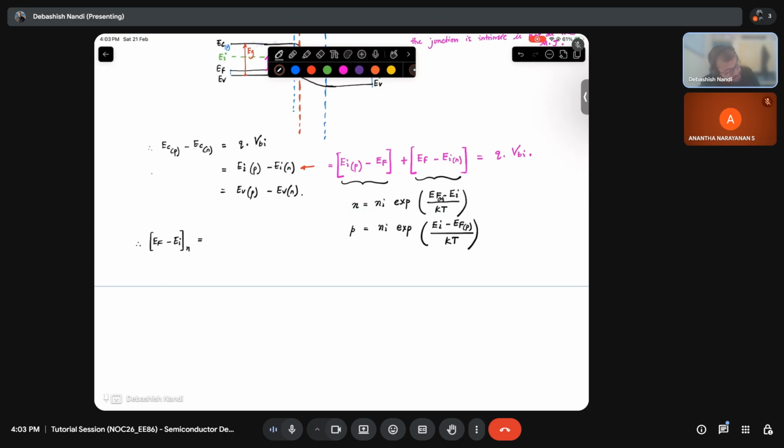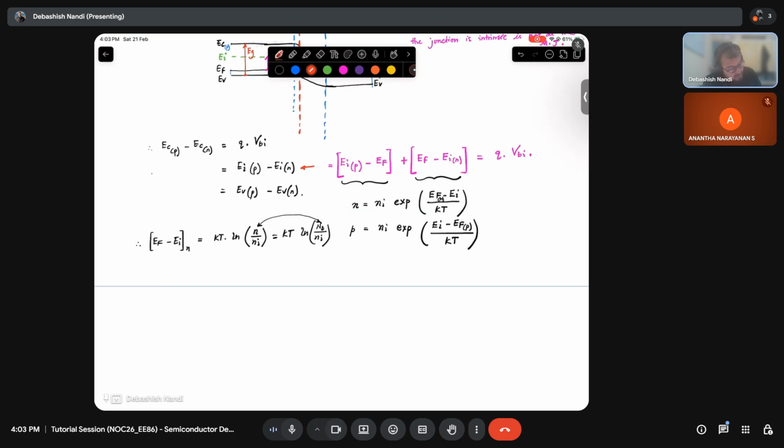This will be KT ln n divided by Ni. So I can write this as KT ln Nd divided by Ni, assuming 100% ionization. At room temperature, mostly 100% of the Nd dopant ions will be ionized.